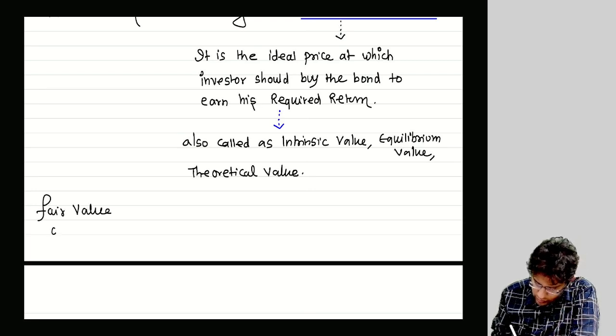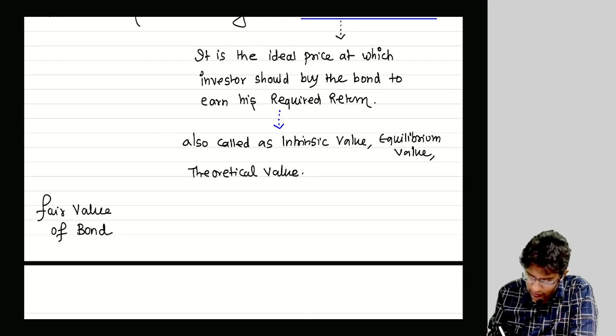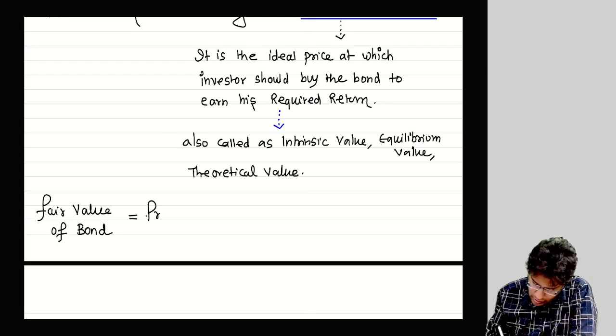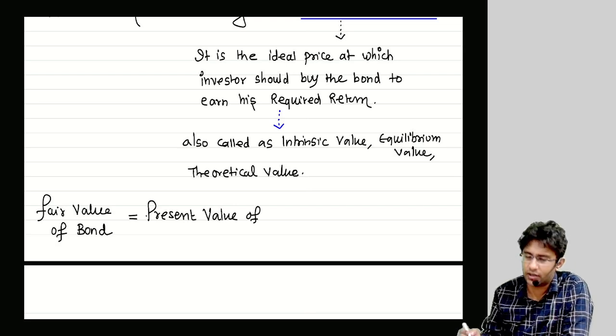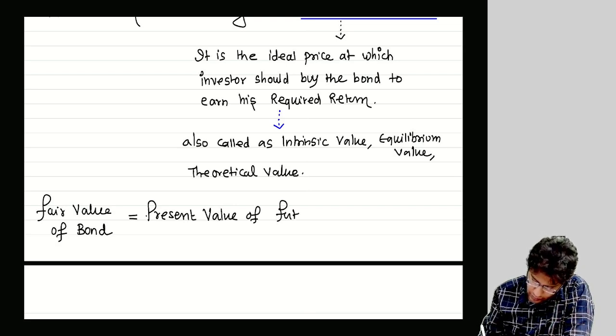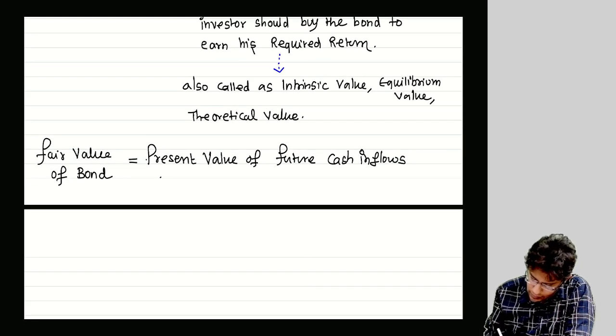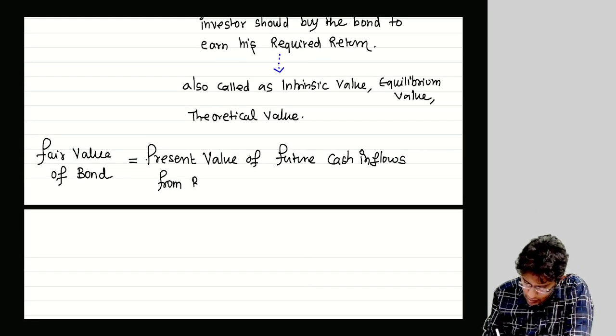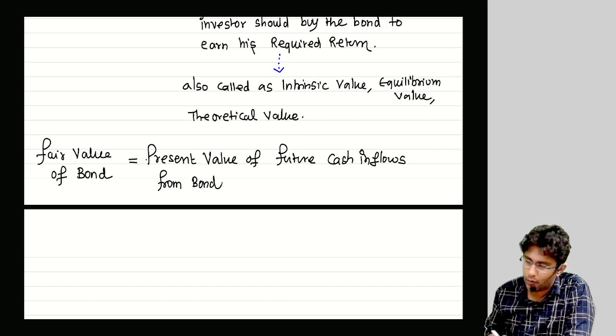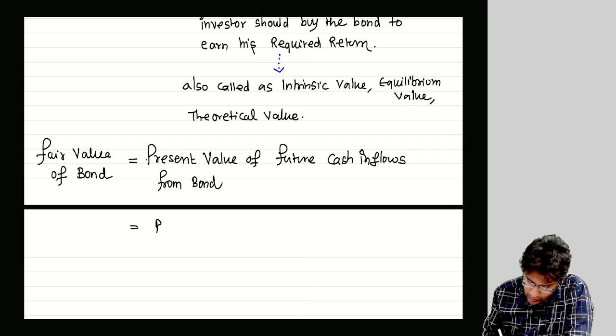coming to what is that logic? How to compute the fair value of the bond? Very simple. Fair value of the bond is nothing but the present value of future cash inflows. What are the future cash inflows from the bond?